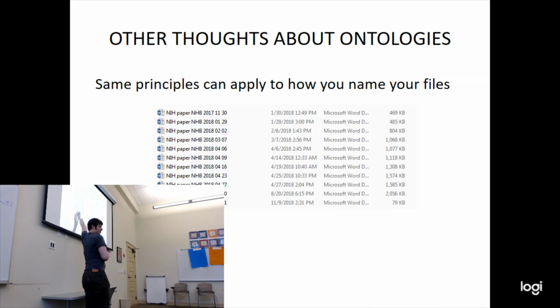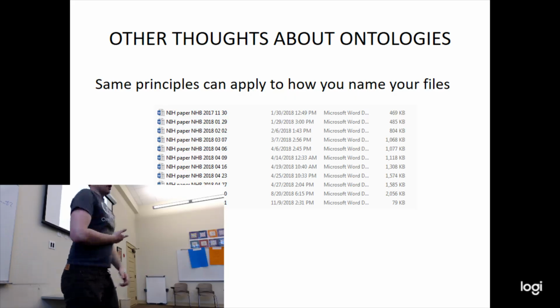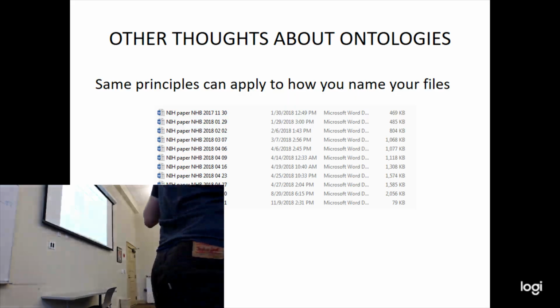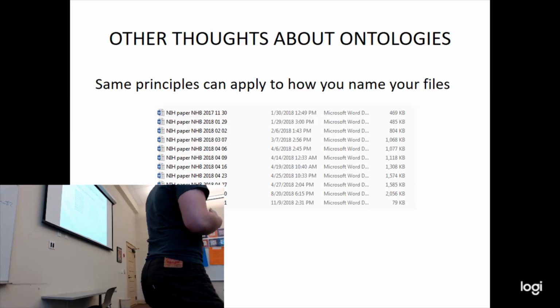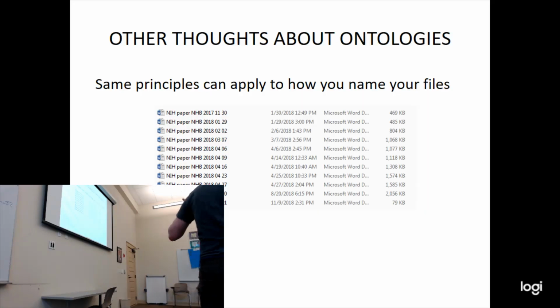This file name is using an ontology. There's first the name of the paper, the journal, and the date. That's information that I thought I might want to know when I go back to these files. If I want to know, hey, where's the version of this paper that I submitted to Nature Human Behavior?